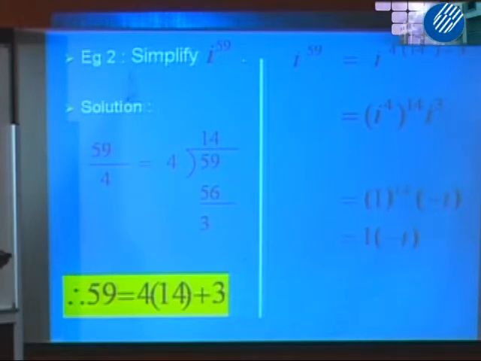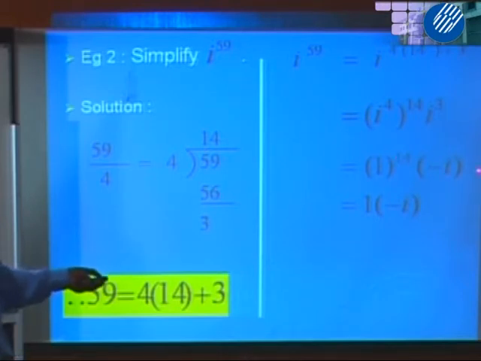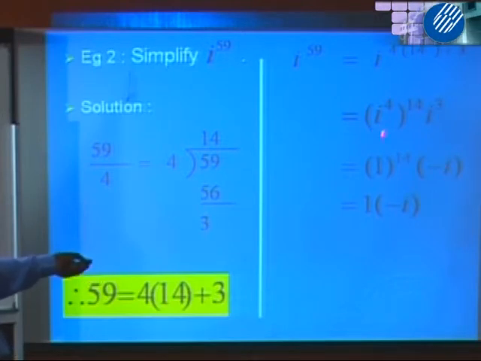Thus, by substitution, this gives us 1 power 14 times minus i, because i power 3 is equal to minus i and i power 4 is equal to 1. So this will lead us to 1 times minus i, and finally i power 59 is equivalent to minus i.